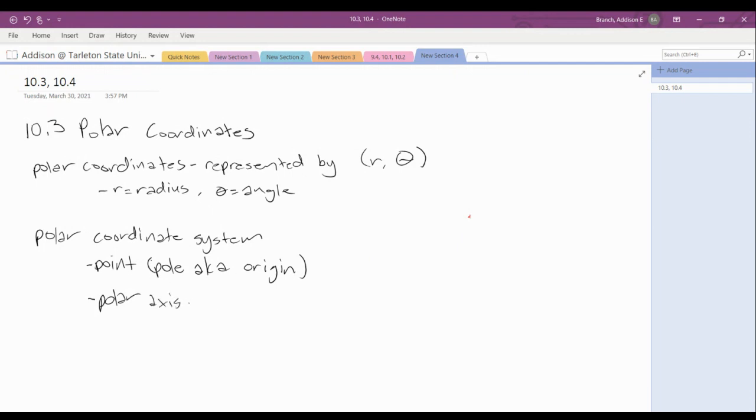It is essentially a ray starting from the pole. So we have our pole, and then we draw a line out, and this is going to be our polar axis.